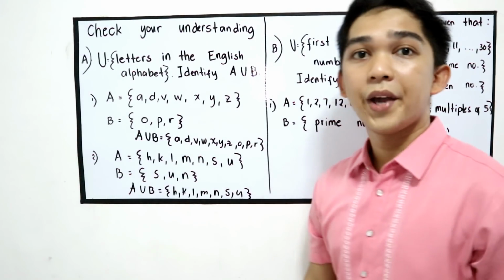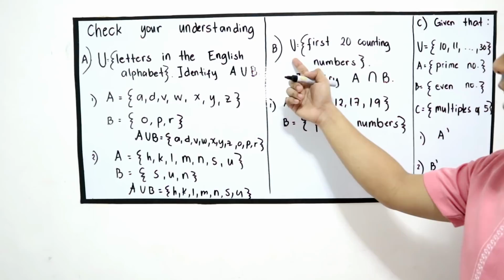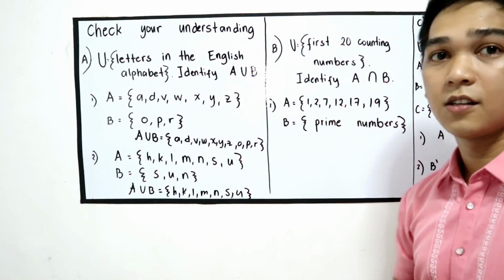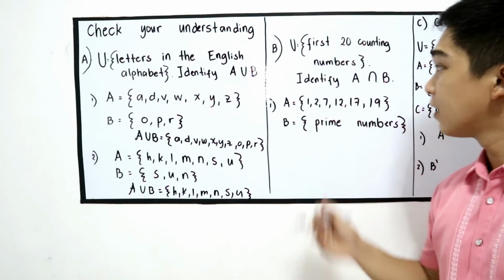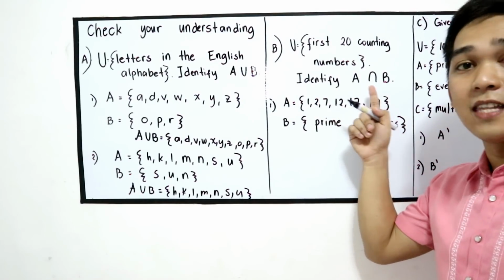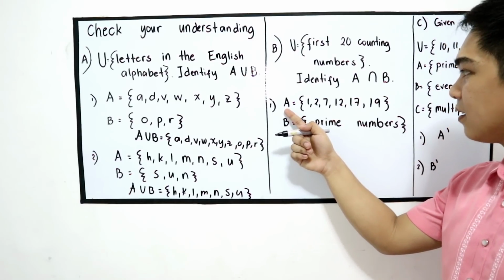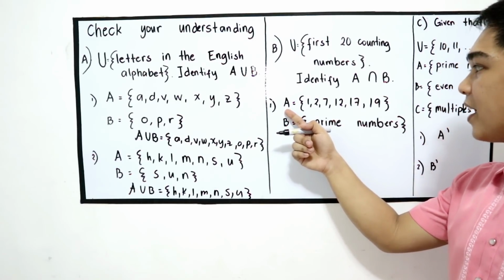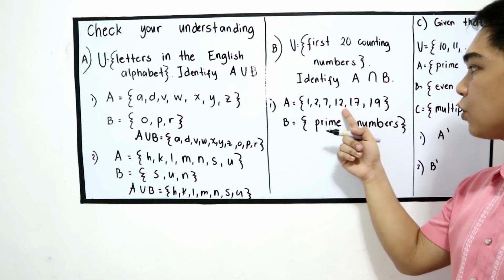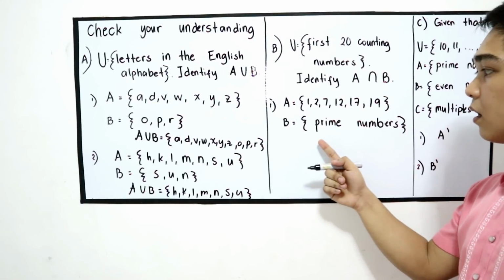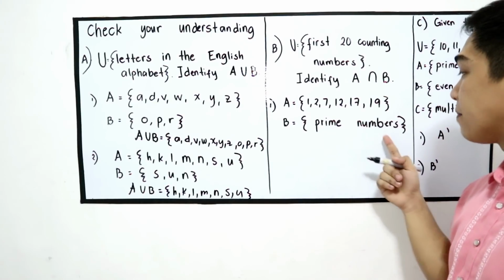Next, we have the universal set, the first 20 counting numbers. That means 1 to 20. We're going to find A intersection B. Set A has the elements 1, 2, 7, 12, 17, and 19. B elements are the prime numbers.